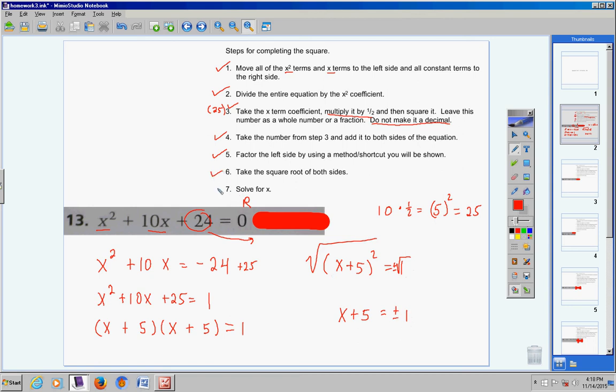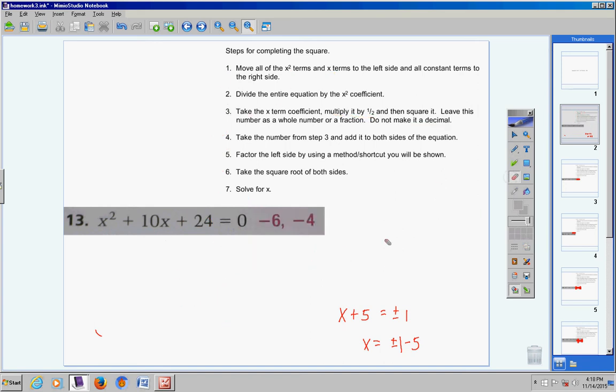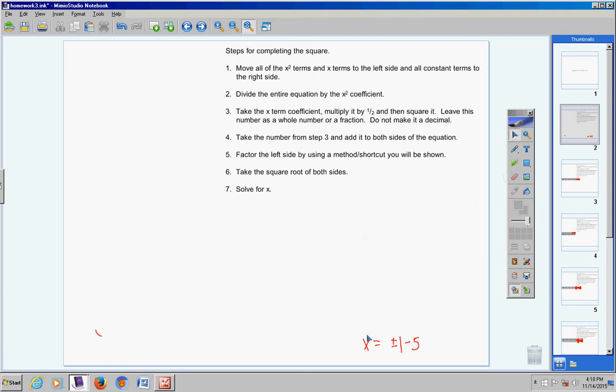Next, solve for x. Bring your 5 over and make it negative. Positive or negative 1, negative 5. Now, whenever your entire square root is solvable, like you had right here, the square root of 1 is 1, and you come down to the end like this, it is required by me as your teacher that you simplify as far as possible.